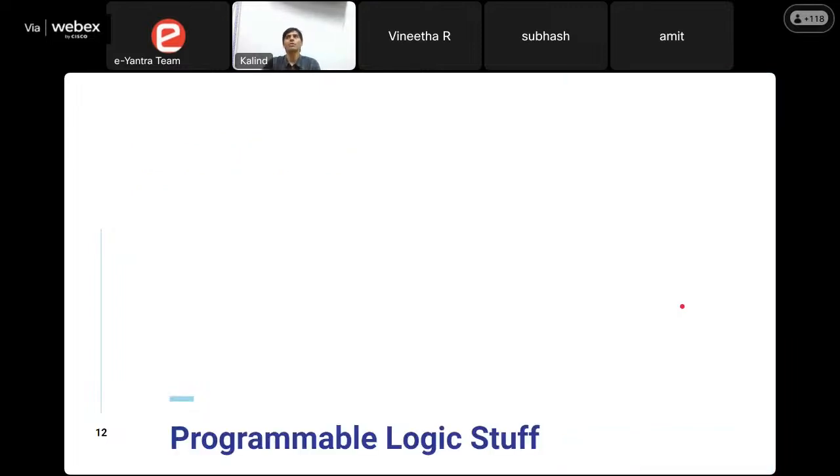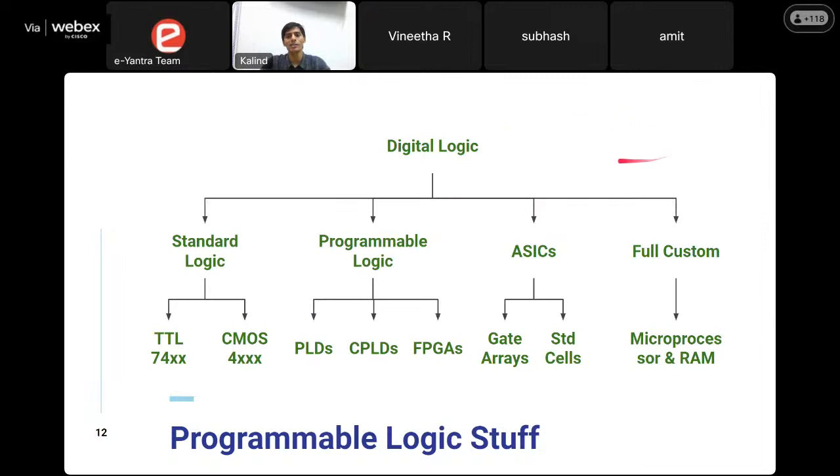So what this entire programmable logic stuff means in general. This is the hierarchy of digital logic, if you look at it in a very abstract way. At the very top you have standard logic, programmable logic, ASICs, and full custom designs. In the case of standard logic, you have all these fixed standard chips that we talked about.